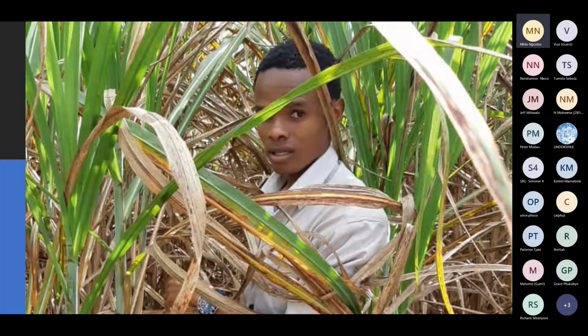Now you need to buy chemicals or pesticides to control that pest. That is why it's not recommended, because it makes the production cost go high, as opposed to other regions which are more flexible, like the coastal and irrigated areas, where the trash caterpillar is not much of a hindrance. We can go on to the next slide.